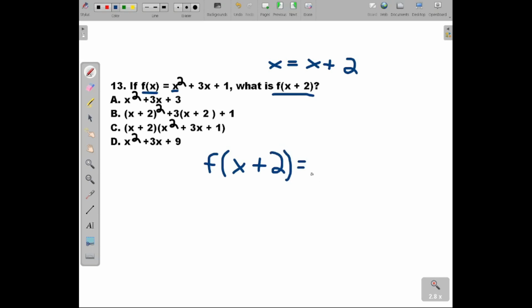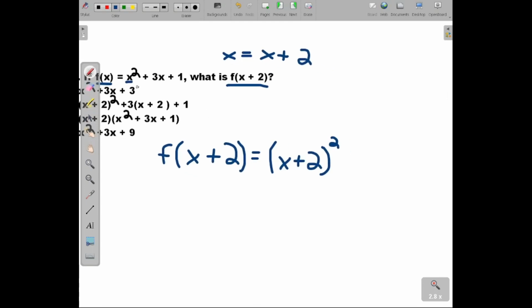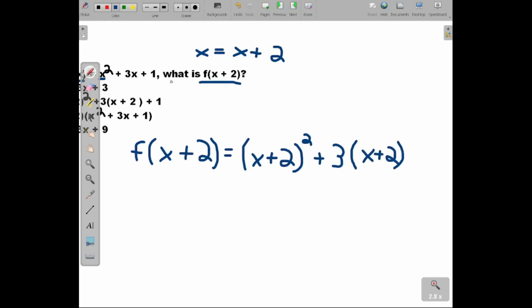x squared is x plus 2 squared, plus 3 times x, and x is equal to x plus 2, plus 1.